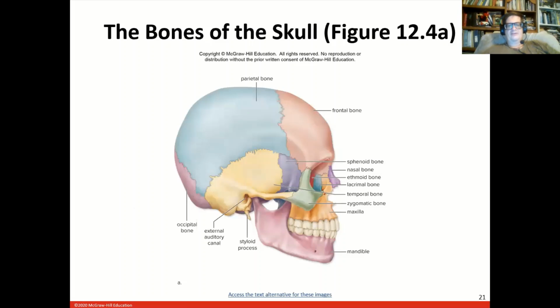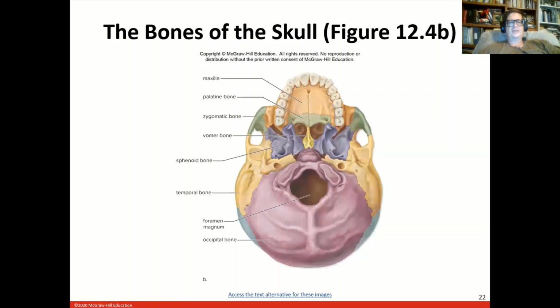So there we have our skull. You know that you need to know the frontal bone, the parietal bones, the temporal bones, and the occipital bones. That's your cranium. We'll talk about the mandible and the maxilla and the palatine bones and the nasal bones and all. We're getting to that, the lacrimal bones.